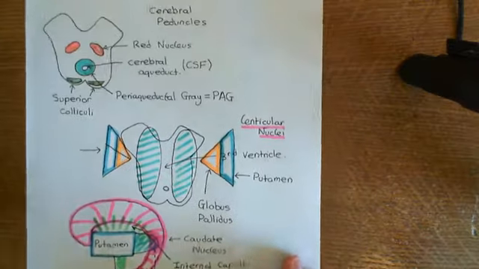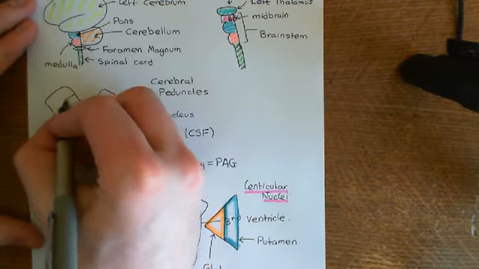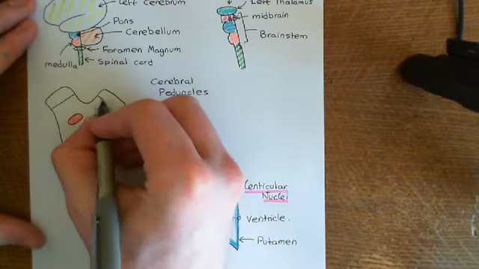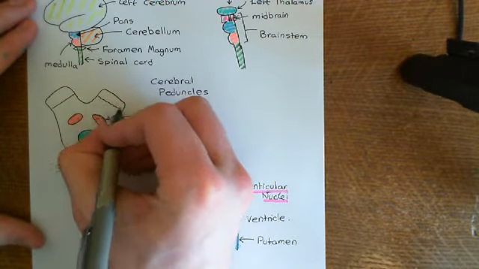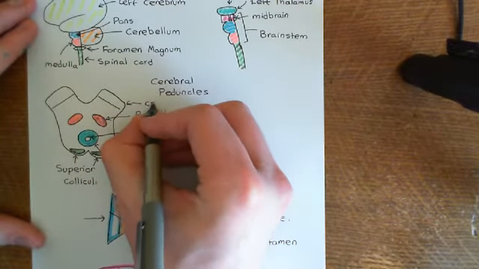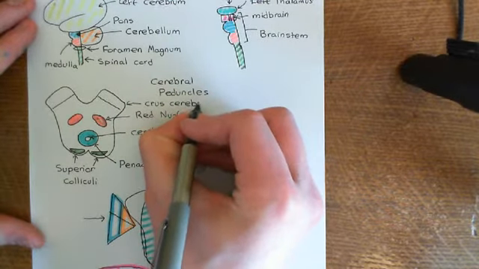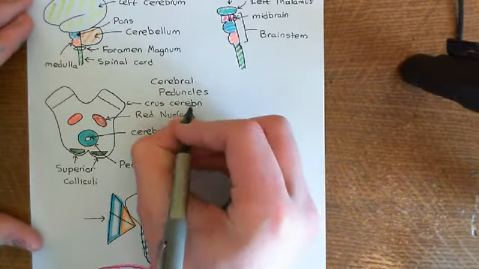So going back to our picture of the midbrain here, the furthest forward portion of the cerebral peduncle, this portion here and this portion here, has a special name. This is known as crus cerebri, which literally means the root of the cerebral hemispheres.